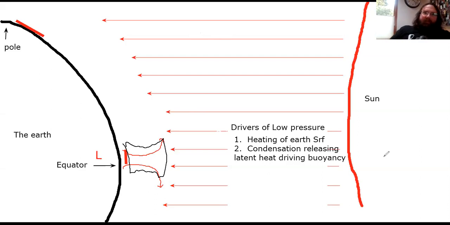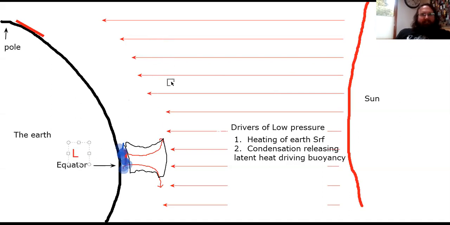And of course, I would not be doing this right if I did not also draw some rain. It's generally going to be low pressure, and you're going to be getting wet weather at your equator.